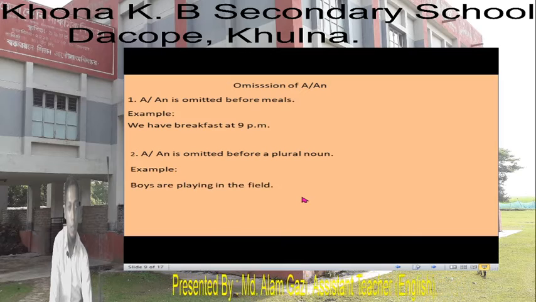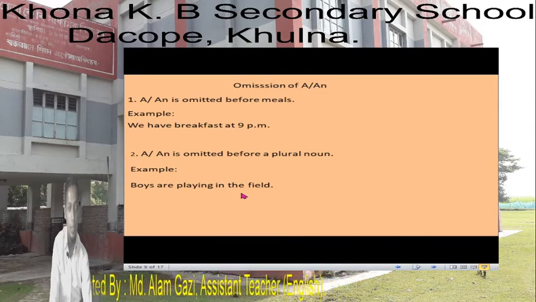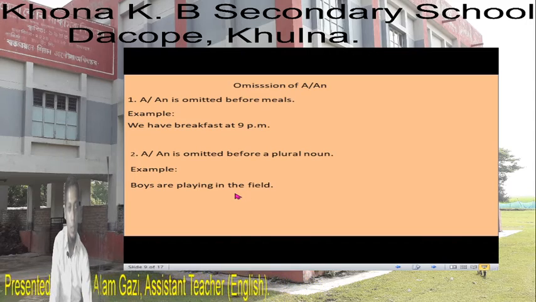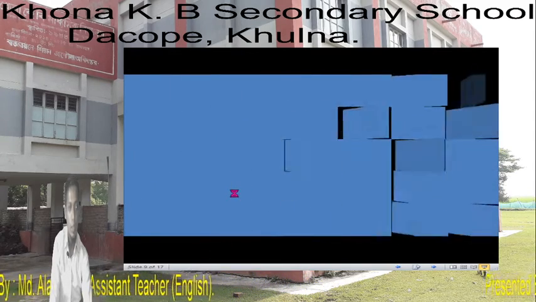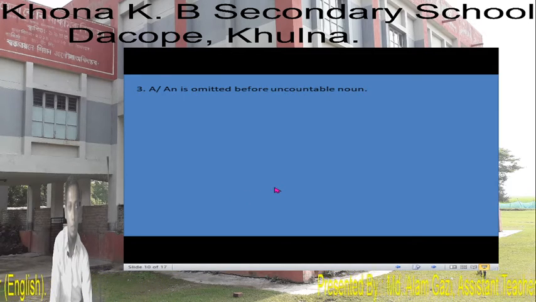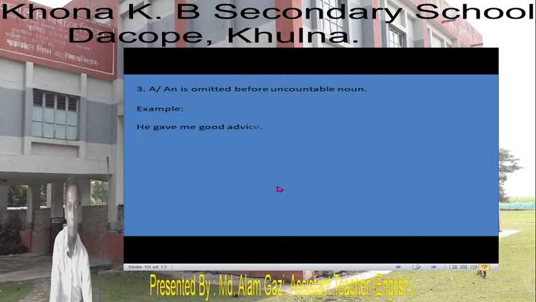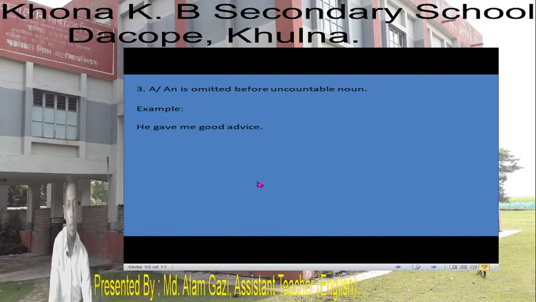For example, boys are playing in the field. A or an is omitted before uncountable noun. Uncountable noun means that it cannot be counted. For example, he gave me good advice.